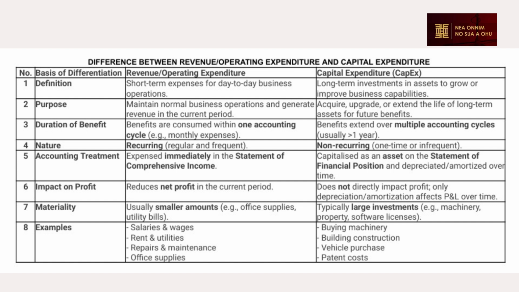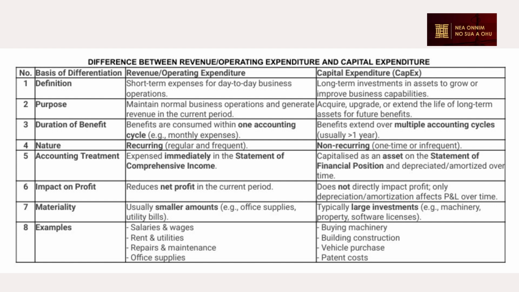Now let's look at the accounting treatment. So when it comes to revenue or operating expenditure, they tend to have a certain reporting frequency that gets to be done within the statement of comprehensive income.